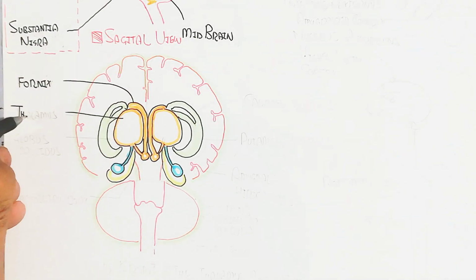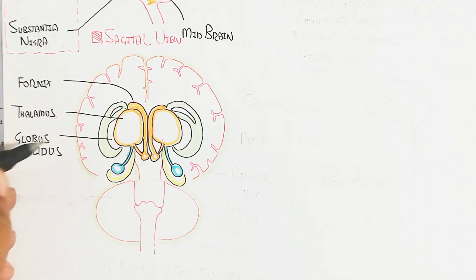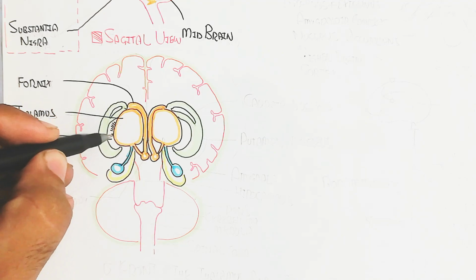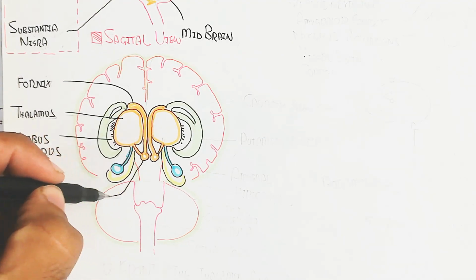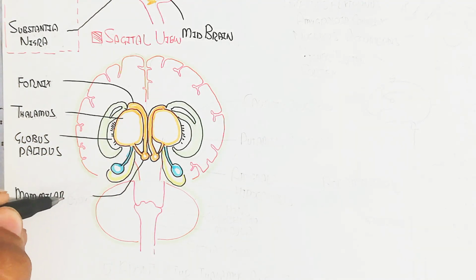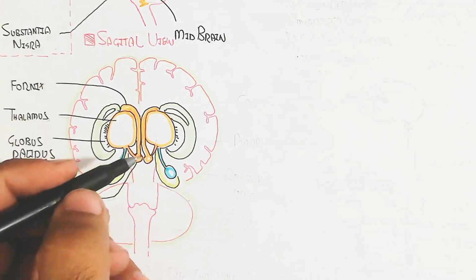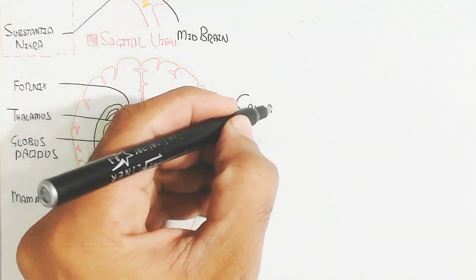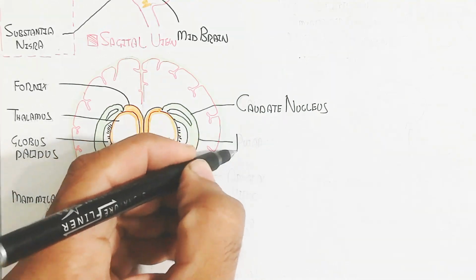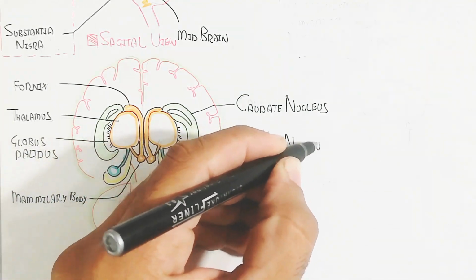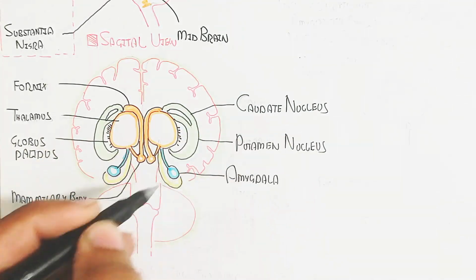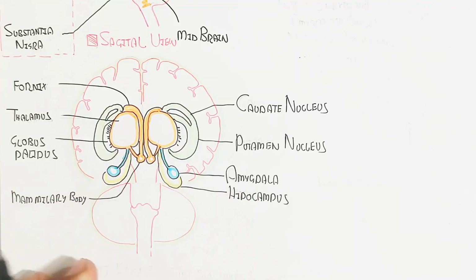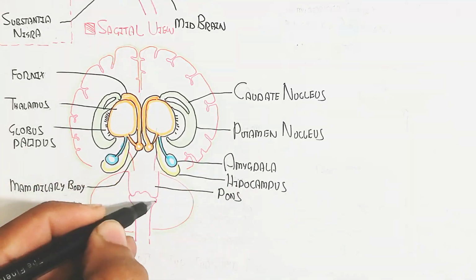Here is the fornix, and this is the thalamus, the bigger picture, and the globus pallidus, internus and externus collectively. This is the mammillary body, remember, and this is the caudate nucleus, and the putamen nucleus is down, while the amygdala is here, and the hippocampus is downward.